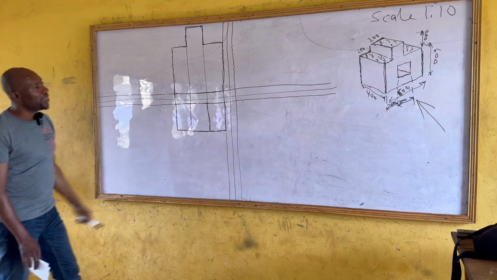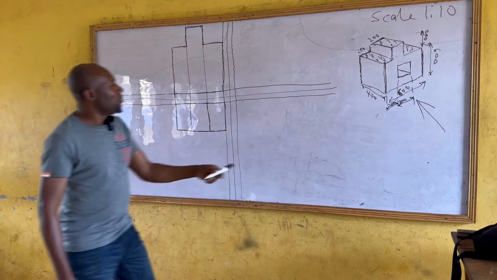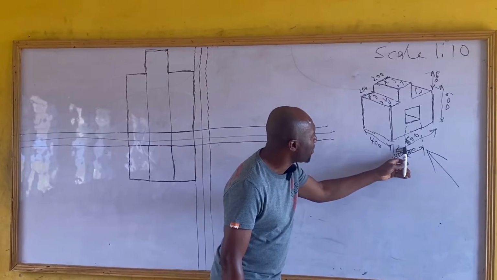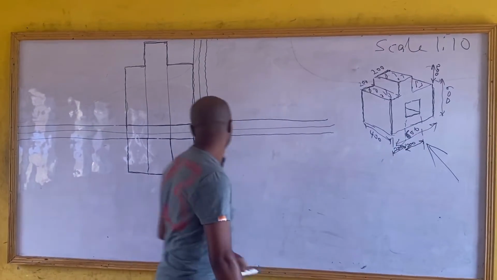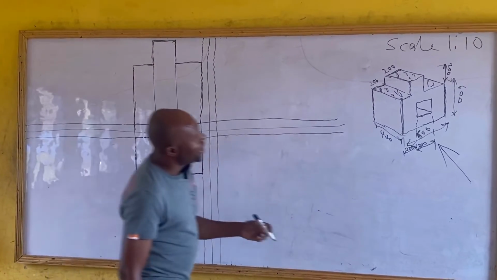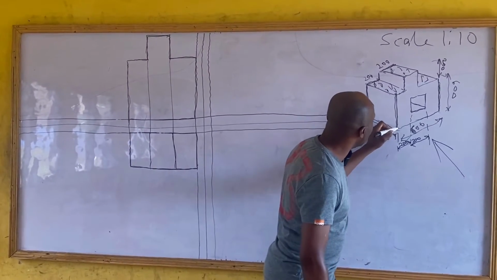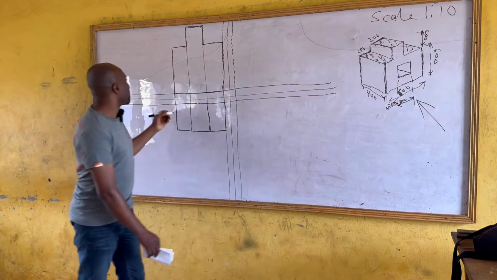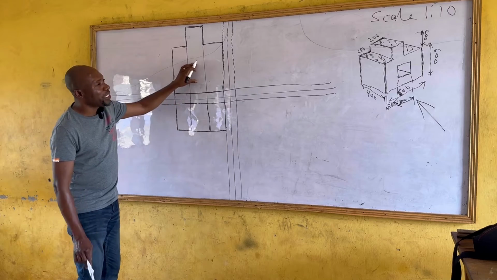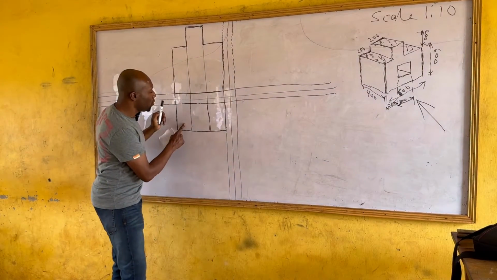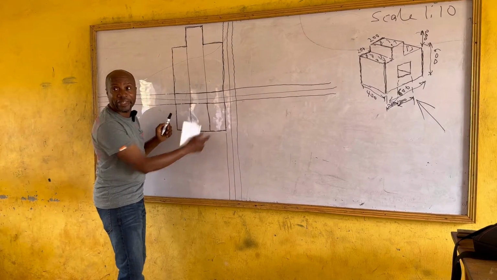So we have this. Then we have the hole here. And the distance from here to here is 200, the same as the distance from here to this side, 200. And this portion is the hole. Look at this side. The hole is at the center, because it's 200, 200, 200.